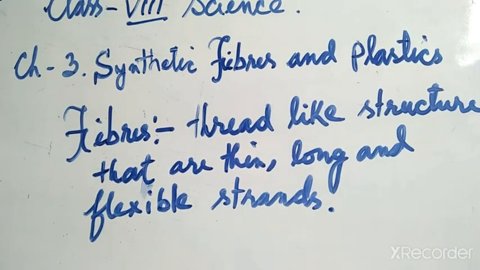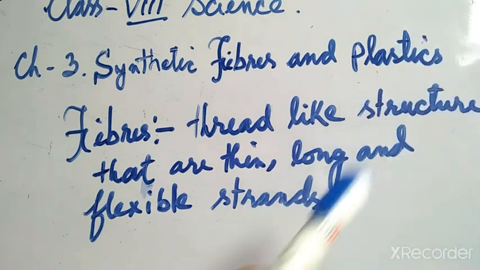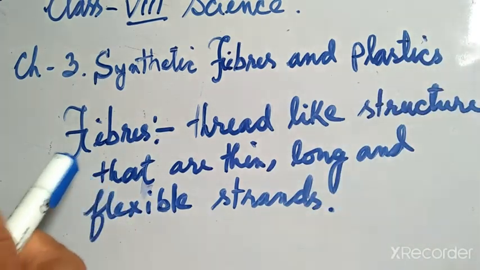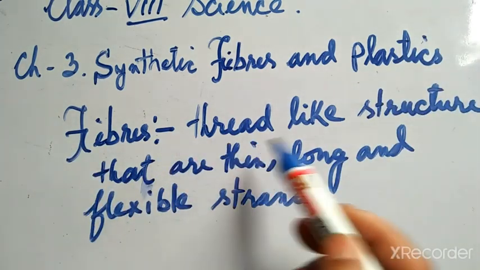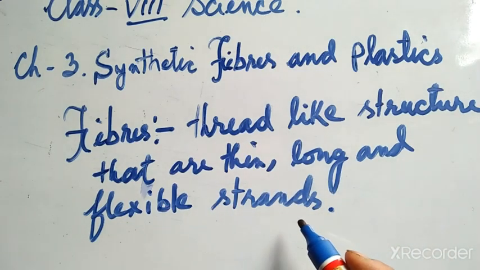So chapter number 3 says synthetic fibers and plastics. First let's try to learn what are fibers. Fibers are thread-like structures that are thin, long, and flexible strands.